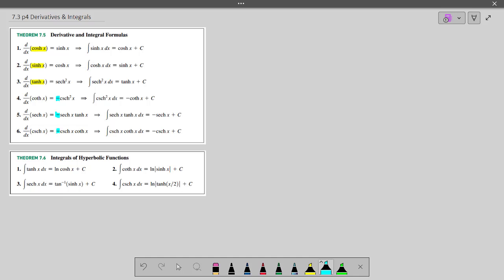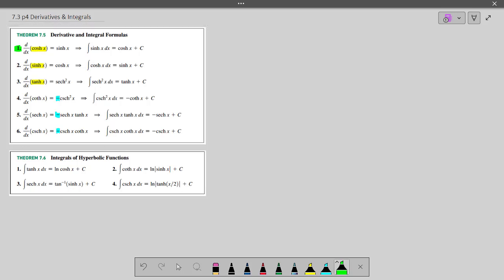And you have the parallel piece to it. The derivative of cotangent is negative cosecant squared. This will be negative csch squared. The derivative of sech will be minus sech tanh. So there's the one that's different, right? These two are the two that are going to be different from circulars.